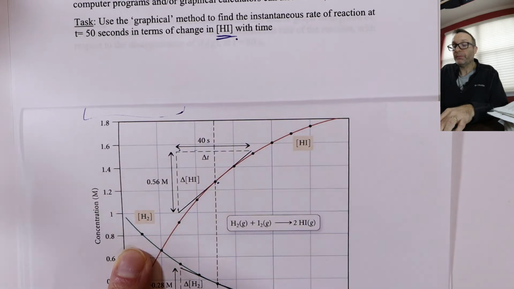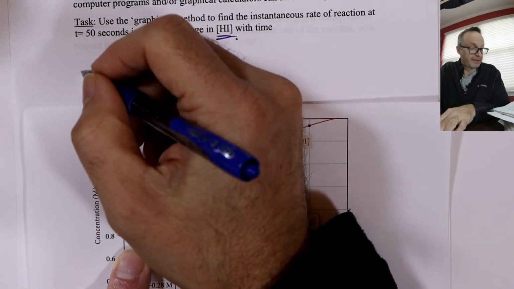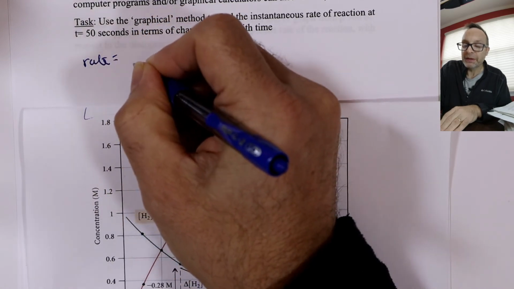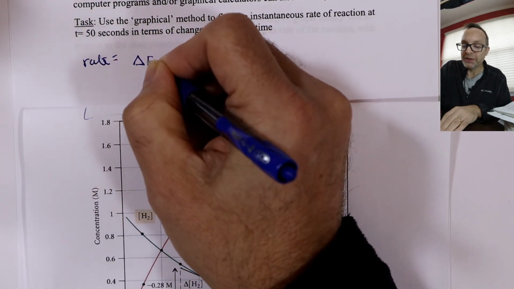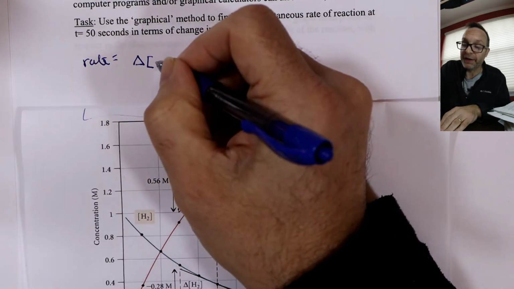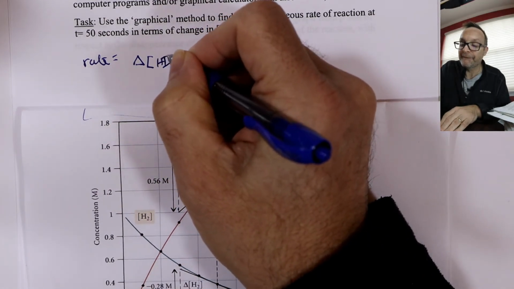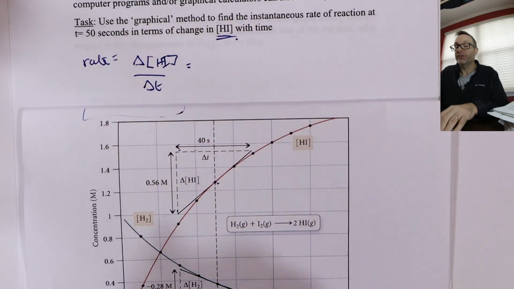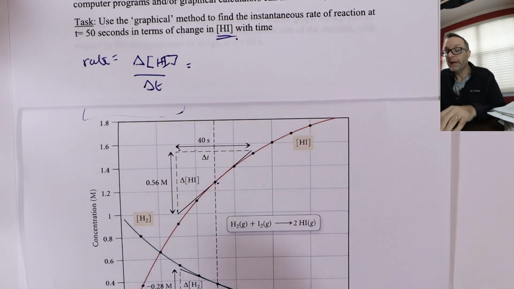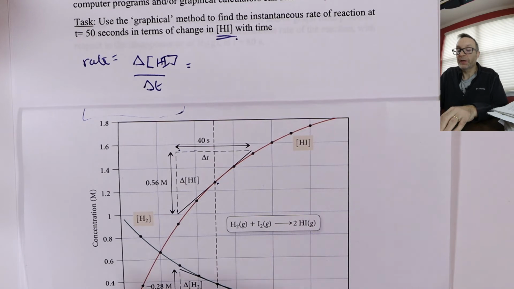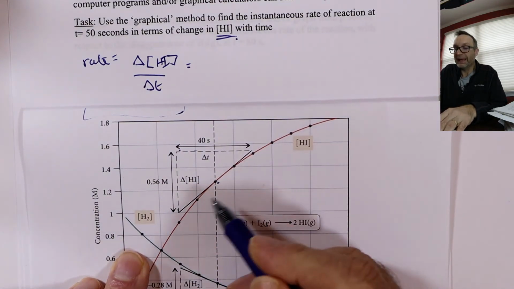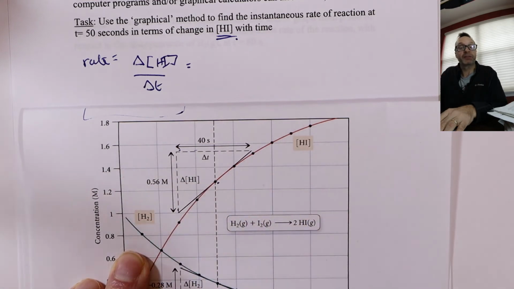Now, remember how it works, right? Rate equals change in concentration of, in this case, HI, over change in time. It's always final minus initial. So concentration first, because it's growing. And time runs this way, so final is always the later time.